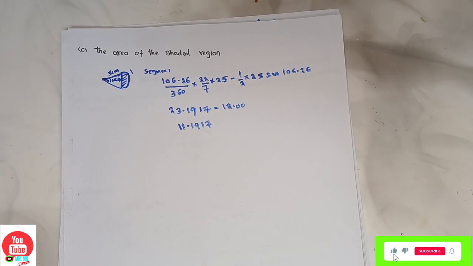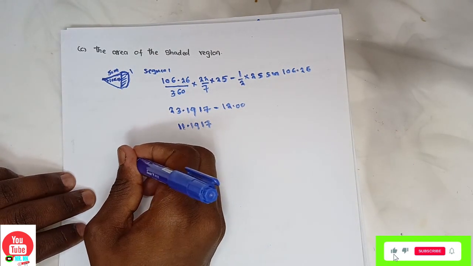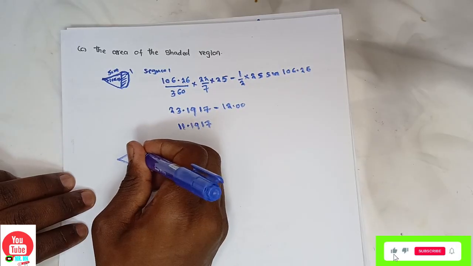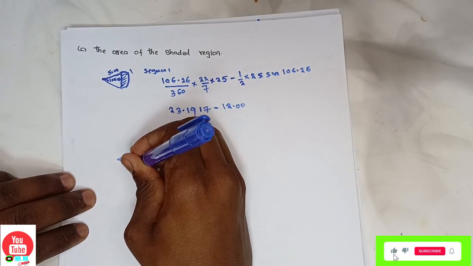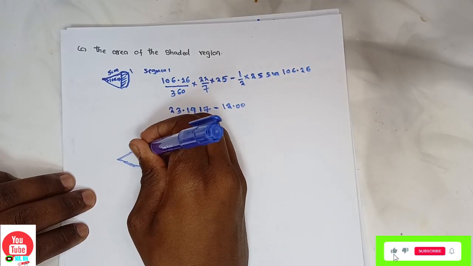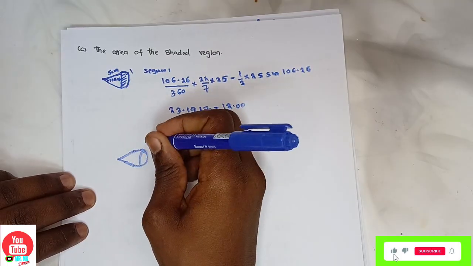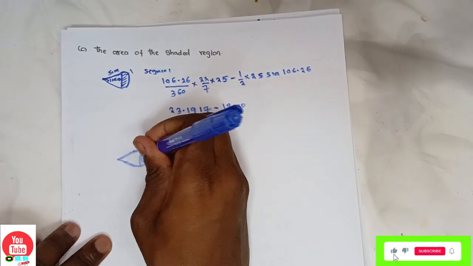For segment 2, let's draw segment 2. It also looks like this. Let's sketch it. This was how the segment looked like.